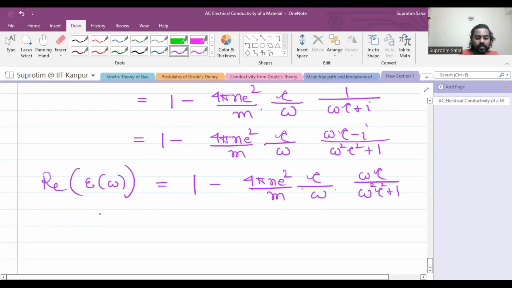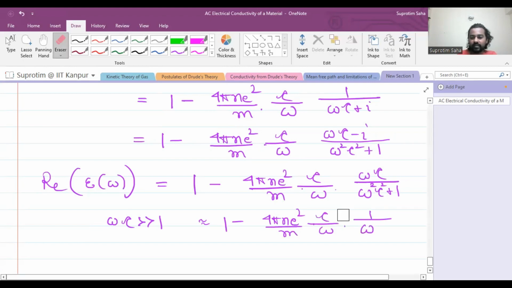Now, if we make the approximation that omega tau is much greater than 1, this can be written as 1 minus 4 pi n e squared over m times tau over omega times 1 over omega tau. So let me just write it fully for convenience.